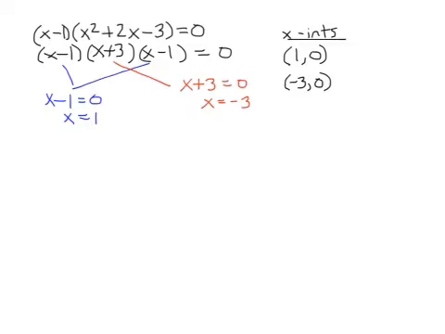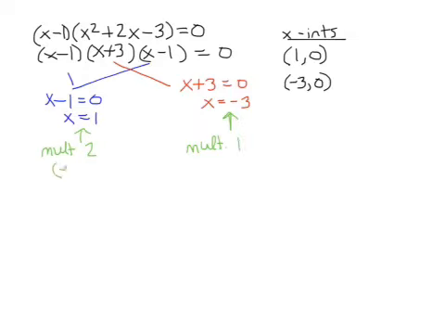In addition to this, we have that the multiplicity on x equals 1 is going to be 2, because there were two copies of this in the factorization up here. And we have that the multiplicity on this one is 1, because there's only a single copy of the factor that it came from. So it says multiplicity 1.